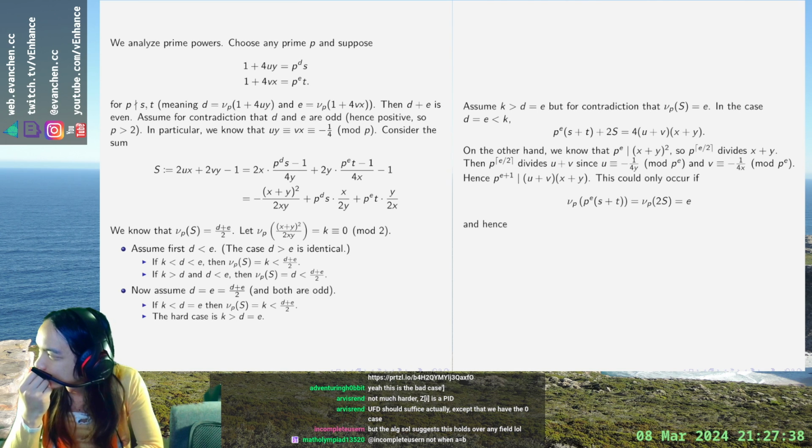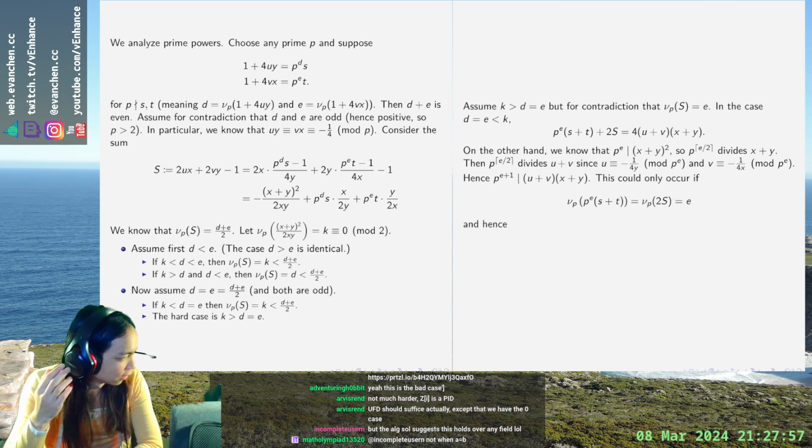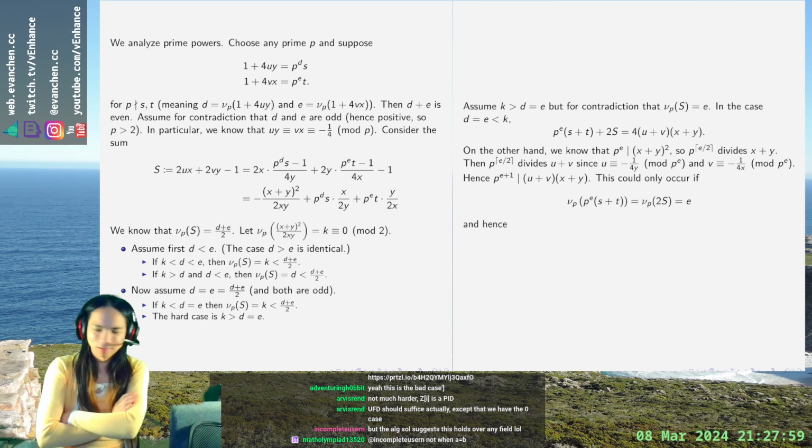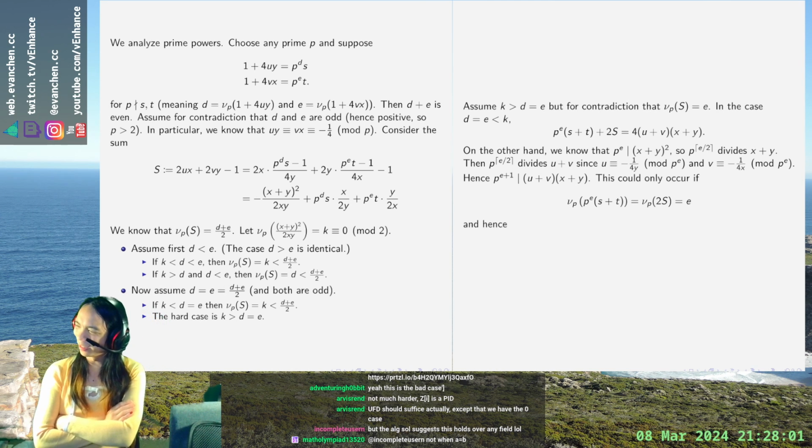And I've showed it's not, but x is congruent to y modulo p. Wait, what? How did I land in the bad case?